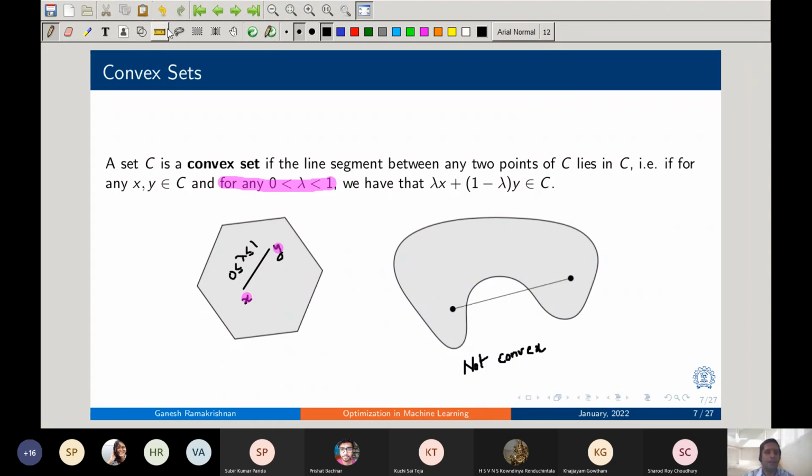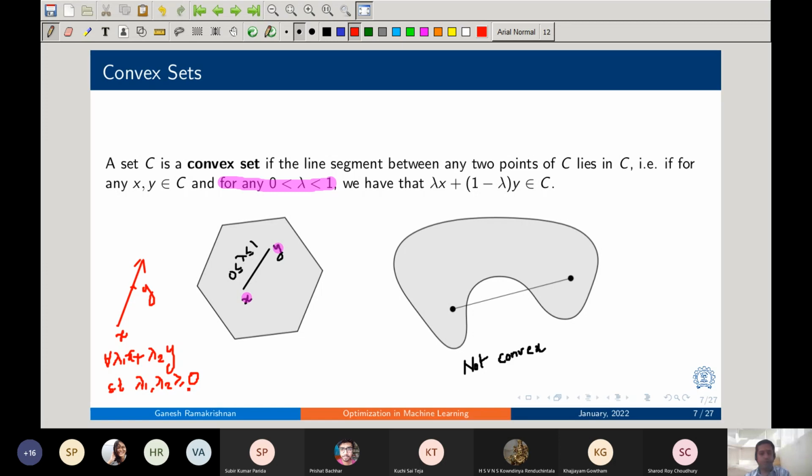How about this? Let me give you a small exercise. Here I have this ray, which begins at x and has any point y here. The way I'm defining it is for all lambda1 x plus lambda2 y, such that lambda1 and lambda2 are both greater than or equal to 0.